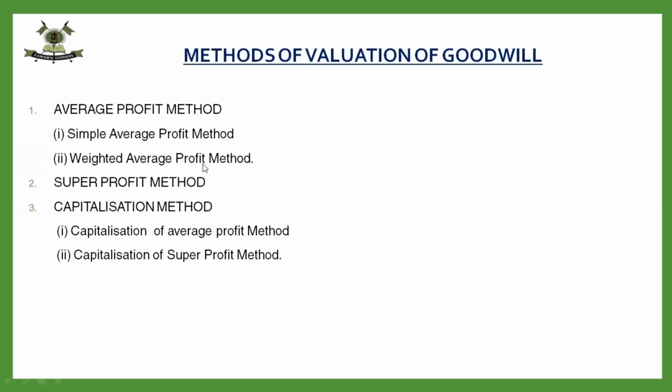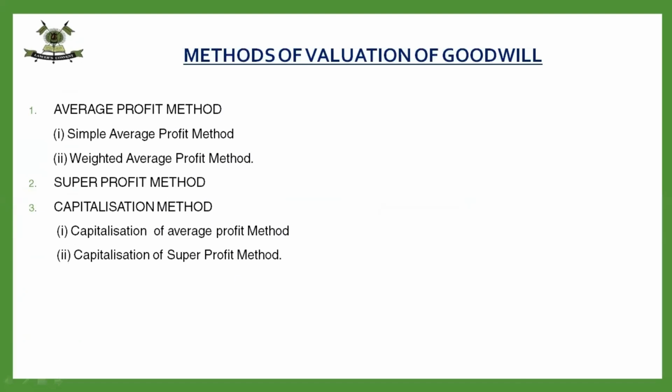Now, in this chapter, you can be asked to calculate goodwill by any of the methods. Fine. Very frequently we are asked only the average profit method, because in the full-fledged question, or if I'm asking you the accounting treatment, I am not going to give you a very lengthy method of valuation of goodwill. Fine. But any method can be asked, and in addition to this, any other new method can also be given.